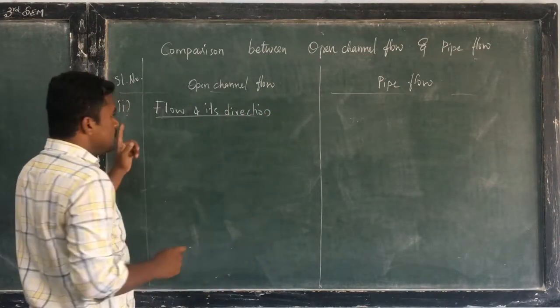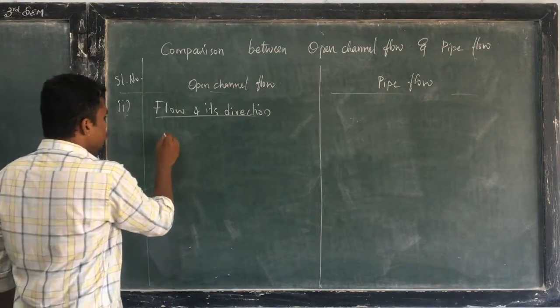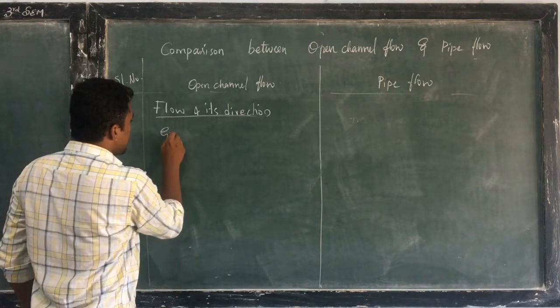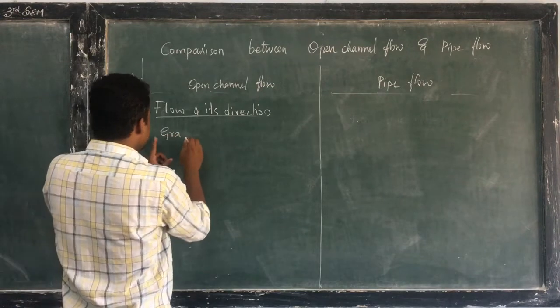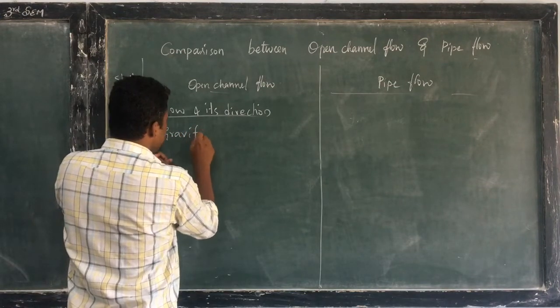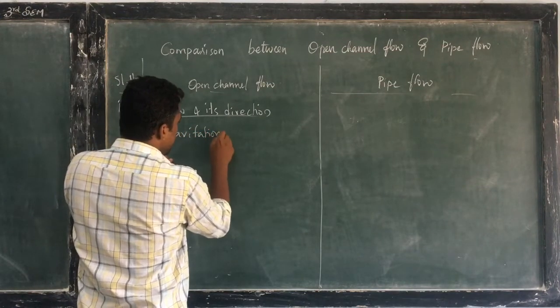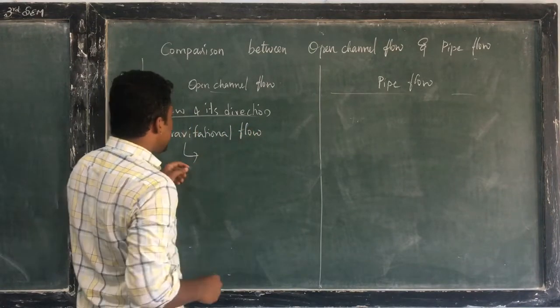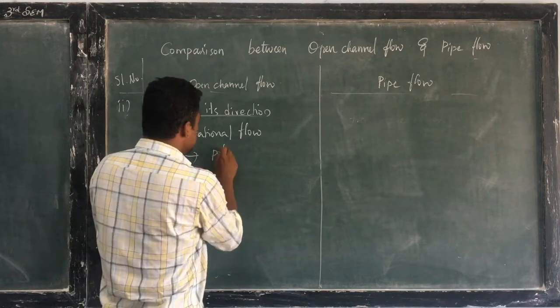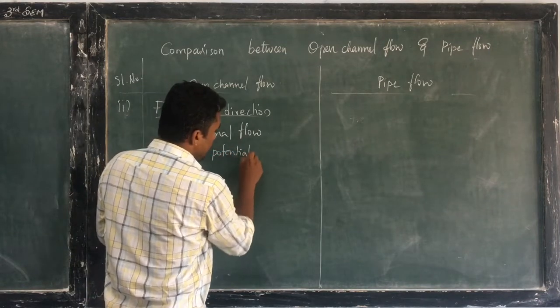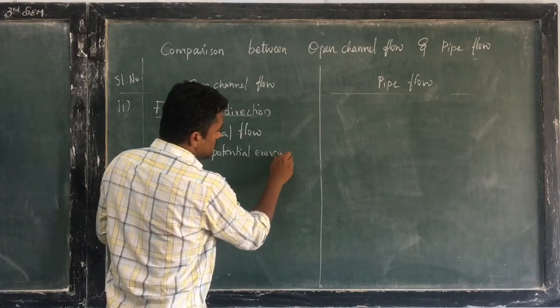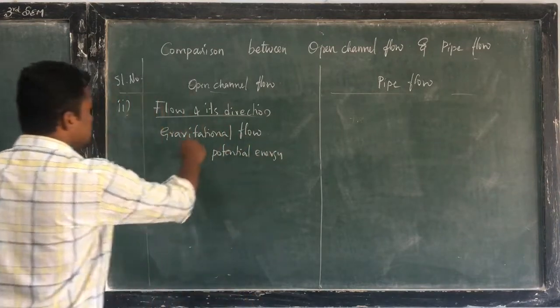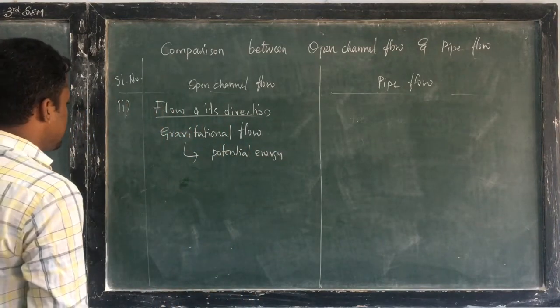If you take flow in an open channel, of course it depends upon gravity, so the flow is called gravitational. Flow occurs at the expense of potential energy. That's why this type of flow is called gravitational flow.